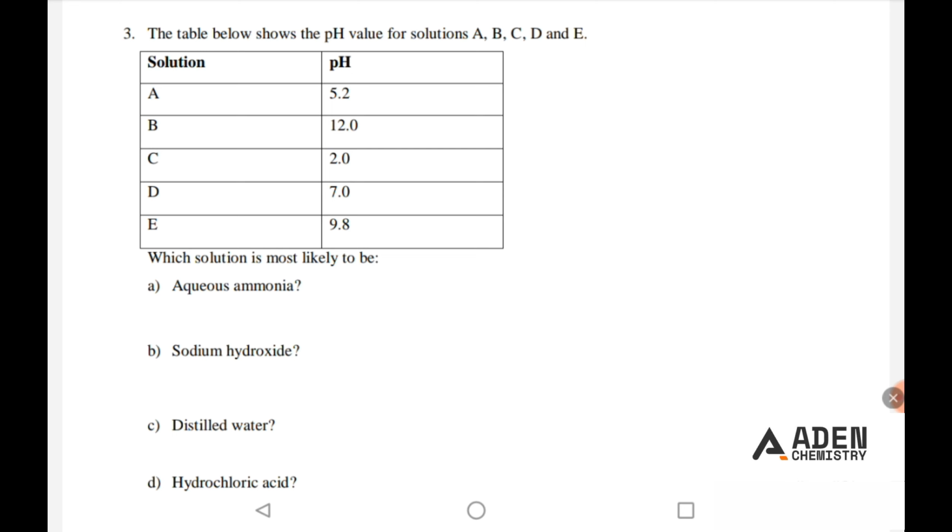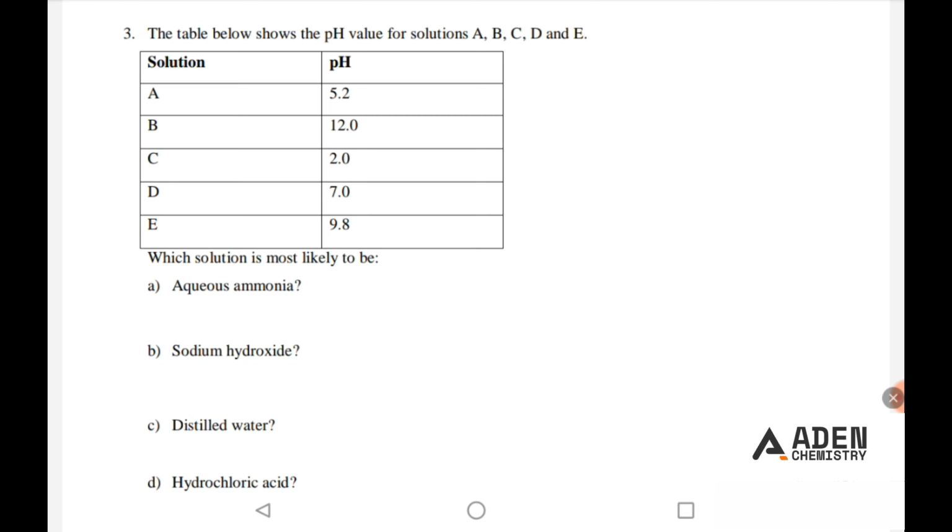It's a weak base. So let's check for the pH values of the weak base here. So we have 9.8. 9.8 is a base. Then we're having here 12.0, another base. So 9.8 is a weak base, because we said the pH value for weak bases will be from above 7 up to 10 there.